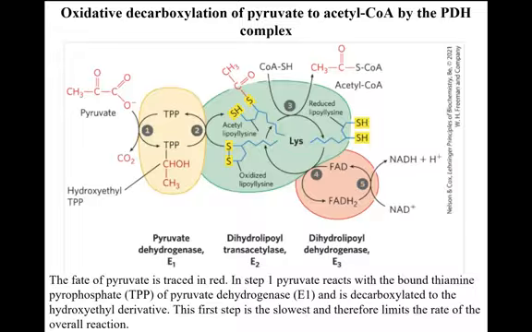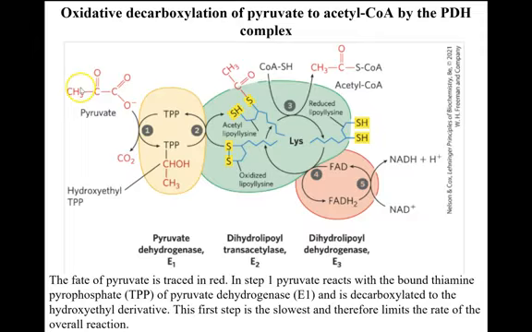In step 1, pyruvate reacts with the bound TPP, which is right here, of the pyruvate dehydrogenase, that first enzyme, and is decarboxylated, which you see as the release of carbon dioxide, to the hydroxyethyl derivative.